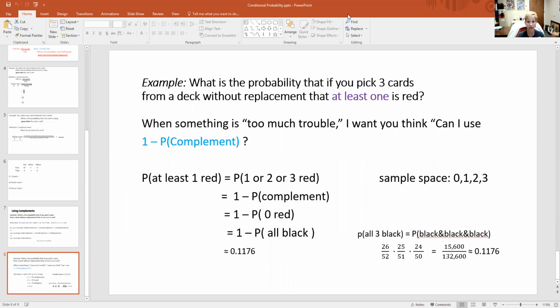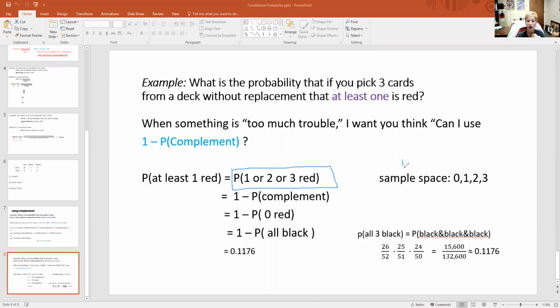So for me to do that, what that means is I've got to be able to find the complement of this. Now remember what complement means. Complement's everything in your sample space with this deleted. So I'm going to go over to the side and write down my sample space.